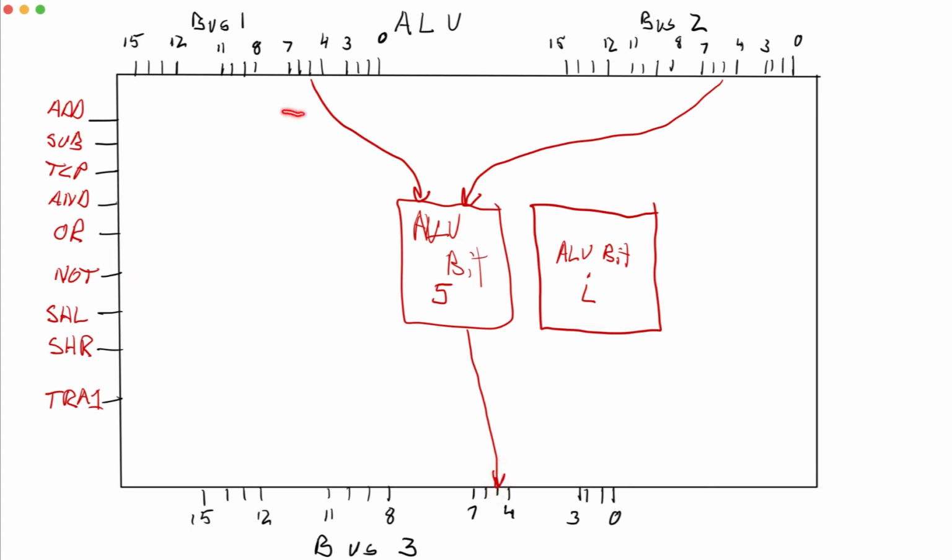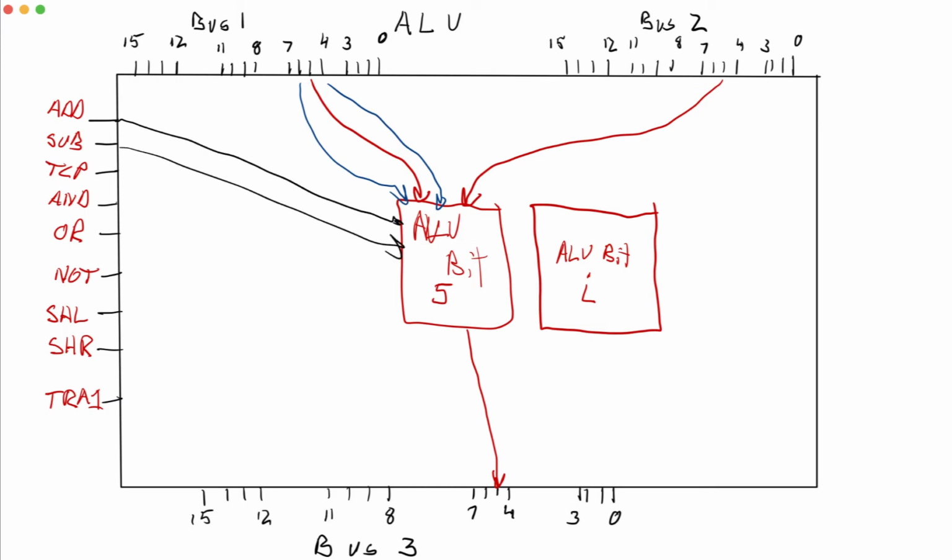So if we're shifting it to the left, that means that bit 4 needs to go to the output of bit 5. So this guy is also going to spy on bit 4 so it can shift to the left, and spy on bit 5 so it can shift to the right. Now also, as inputs, we will take in the operation, so it needs to know what it does with those 2 bits.